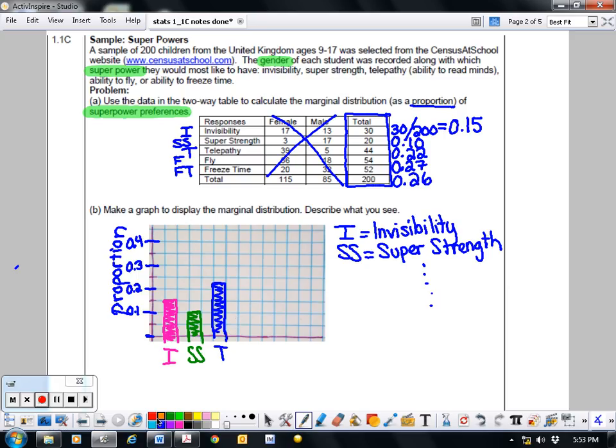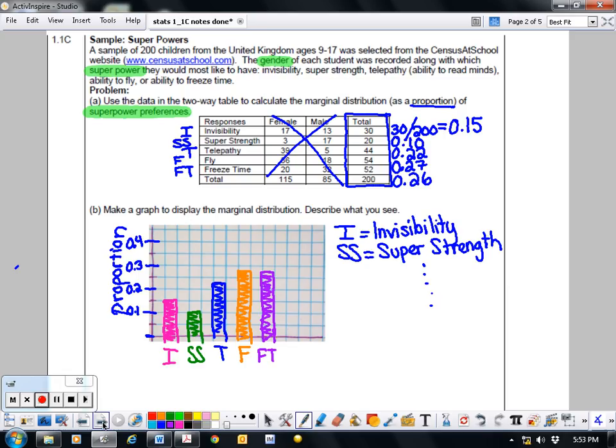And then I'm going to go to fly, which is 0.27. And then I'm going to go to freeze time, which is 0.26. And so this is really just taking the original two-way table and isolating the one thing that we want.